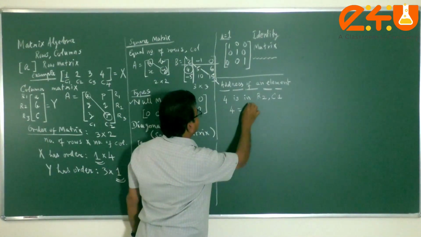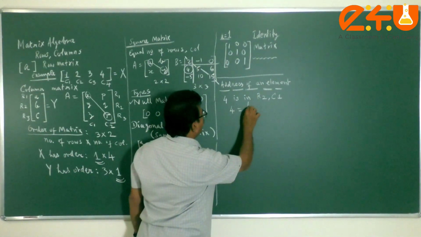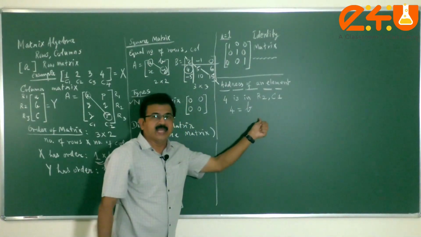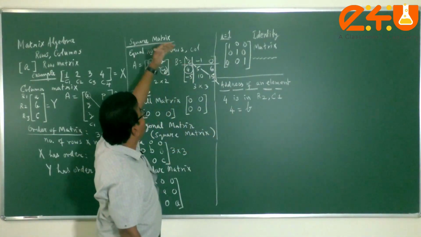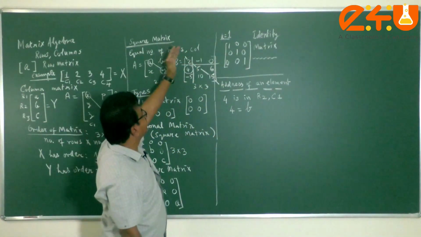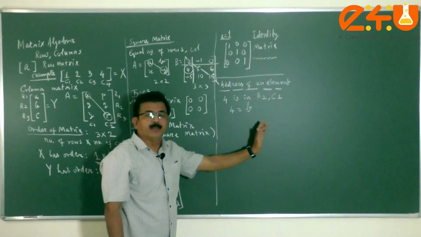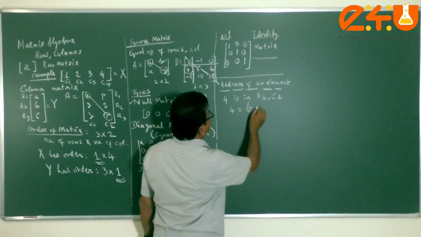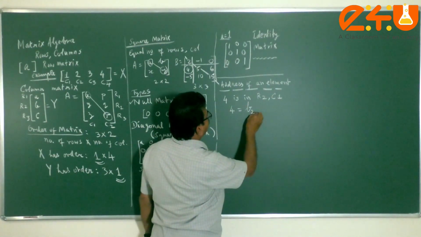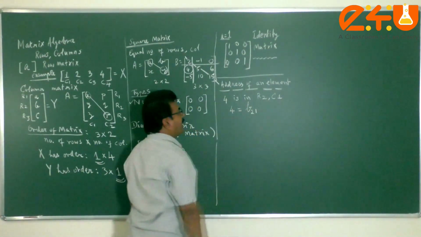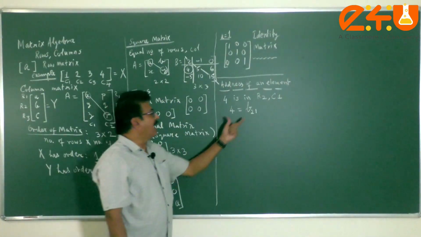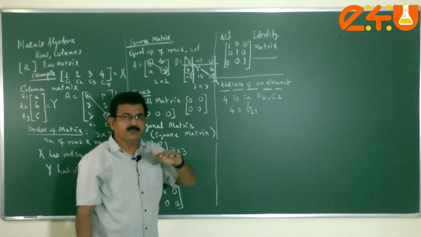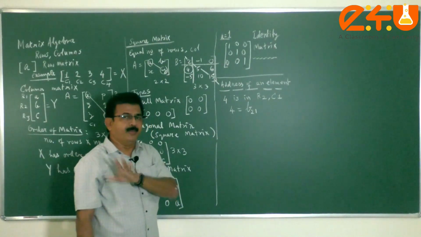Capital B represents the matrix, lowercase represents the element. The subscript will be the address: row number followed by column number, you write in subscript. That represents the address of the element in the matrix.